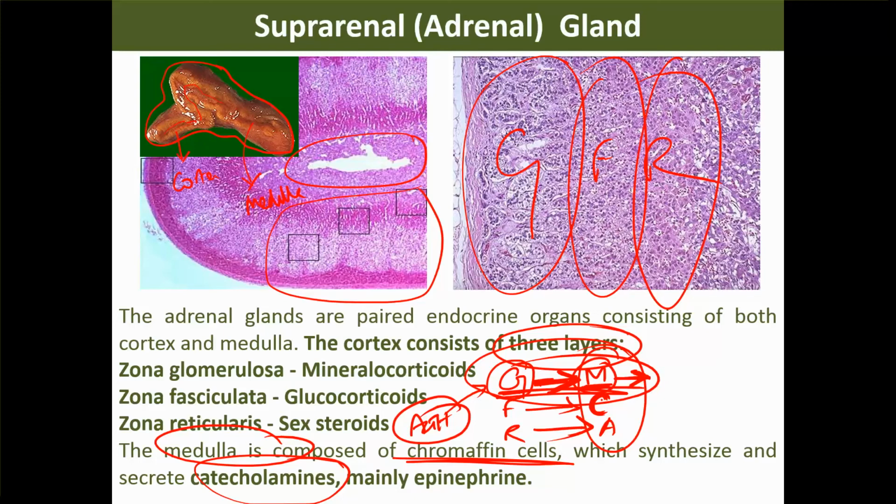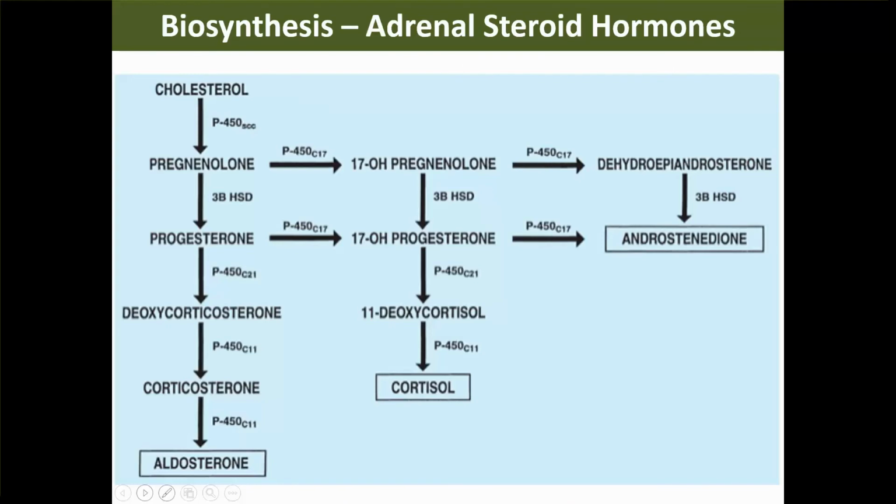Some call it adrenaline, noradrenaline, epinephrine, norepinephrine. Remember, they are really important because their stimulation is especially important in the vascular system. I don't want to go into the vascular pathophysiology, so just keep this in your mind.